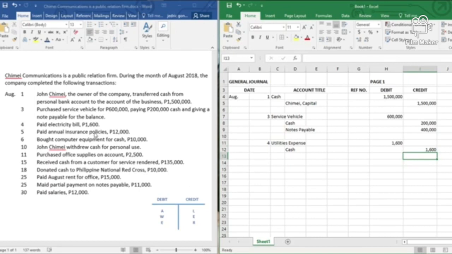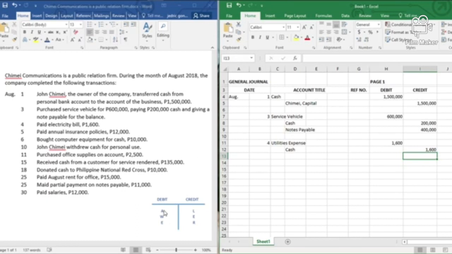Okay, ito ang parating tatandaan. Kapag may nakalagay na paid, ang parating ico-credit is cash. Ibig sabihin kasi nun, naglabas ka ng pera. O, this time, si August 5, paid annual insurance policies, 12,000. So, kapag nag-advance payment ka sa insurance, that is prepaid expense. Prepaid expense is under asset.